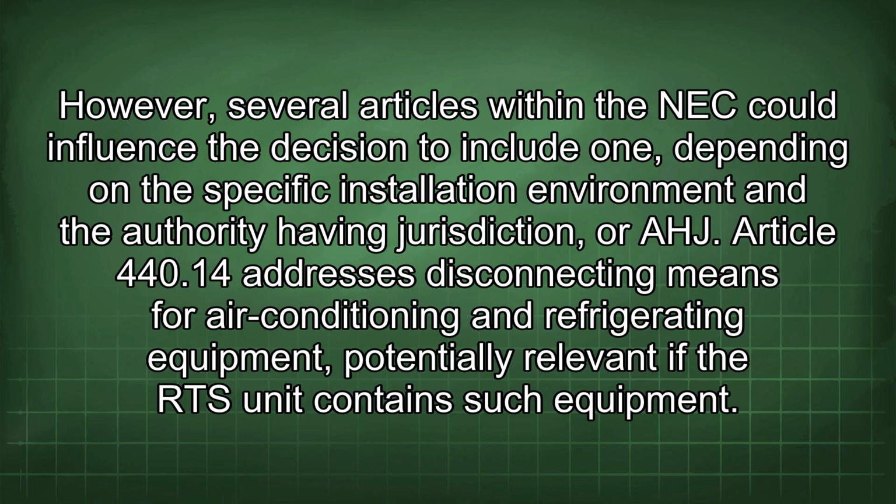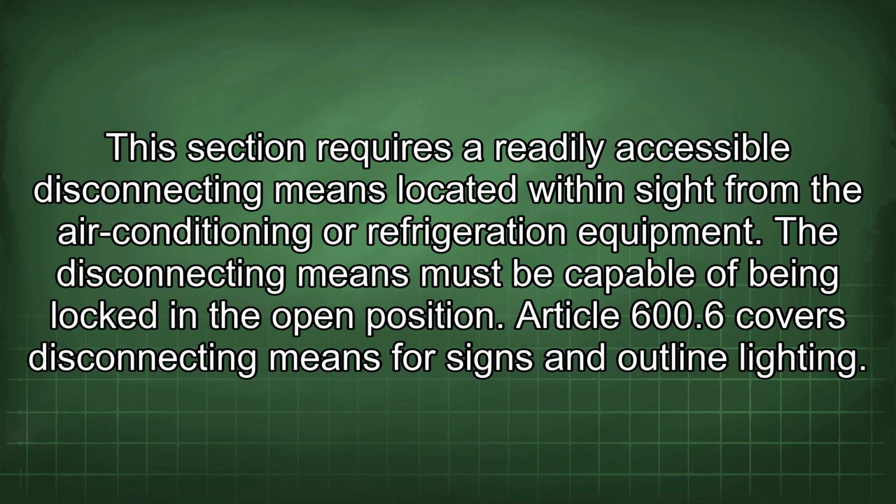Article 440.14 addresses disconnecting means for air conditioning and refrigerating equipment, potentially relevant if the RTS unit contains such equipment. This section requires a readily accessible disconnecting means located within sight from the air conditioning or refrigeration equipment. A disconnecting means must be capable of being locked in the open position. Article 600.6 covers disconnecting means for signs and outline lighting.